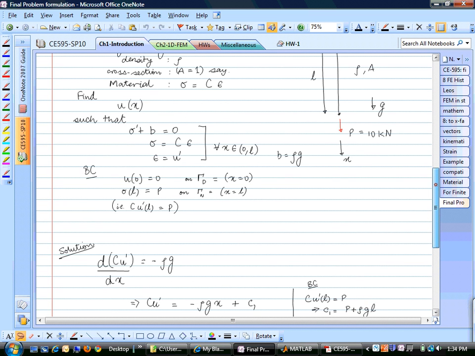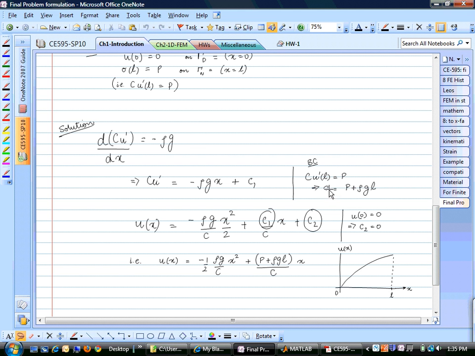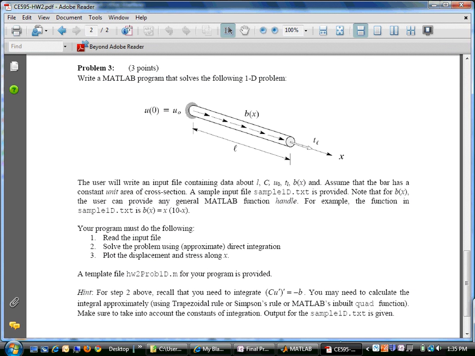The two boundary conditions in this case we said were displacement at x equal to 0 is 0, and traction at x equal to L should be equal to P. And if you do that, you can calculate your two constants C1 and C2 and get your final solution in this form. So this is also a little bit of a hint to your homework 2, problem number 3. So let me briefly just describe that to you.